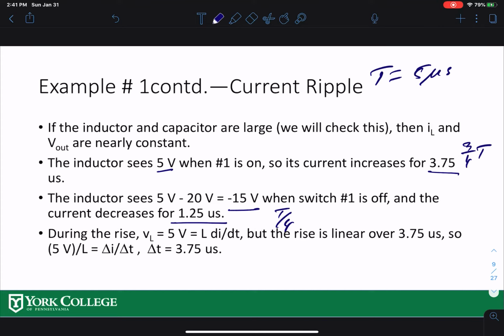Now you know that the inductor voltage VL equals L di/dt. When di is very small, we can replace di/dt with delta I over delta t. Over here, I know the value of L, and I know delta T when switch 1 is on is 3.75 microseconds. So I can easily find delta I, which is the current ripple in the inductor current.